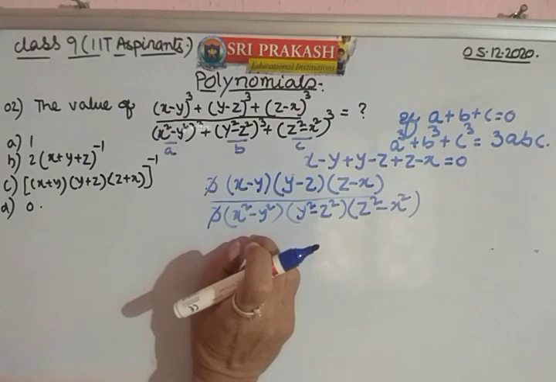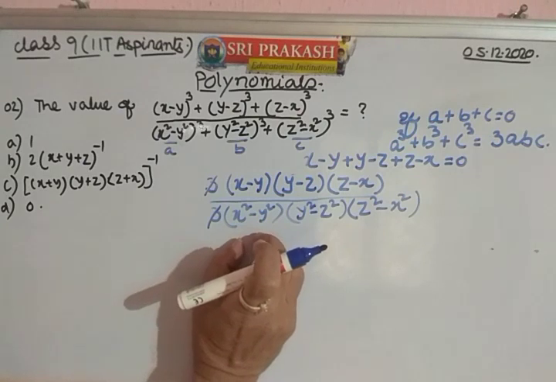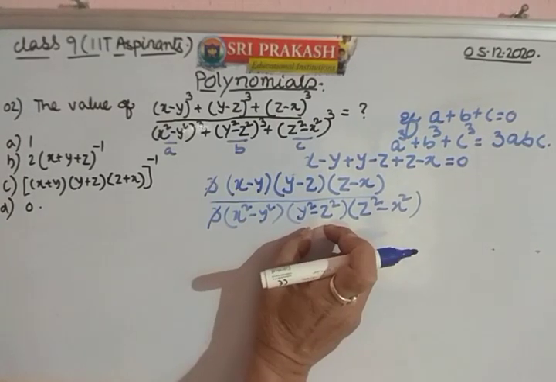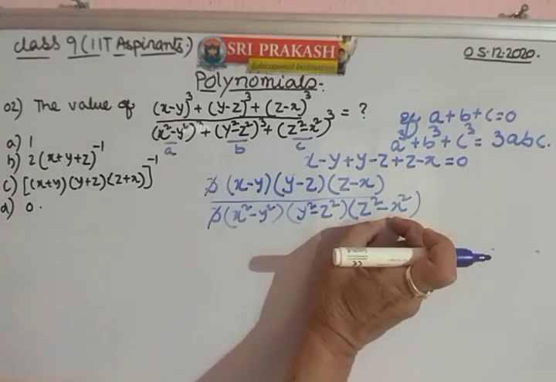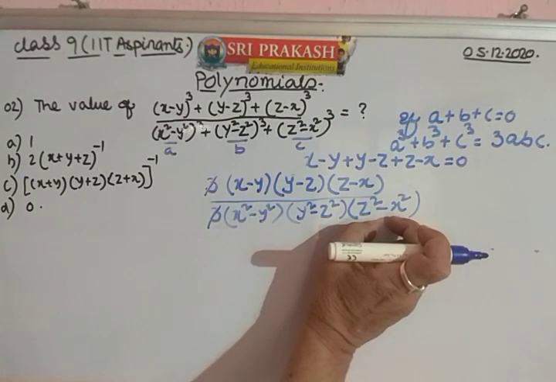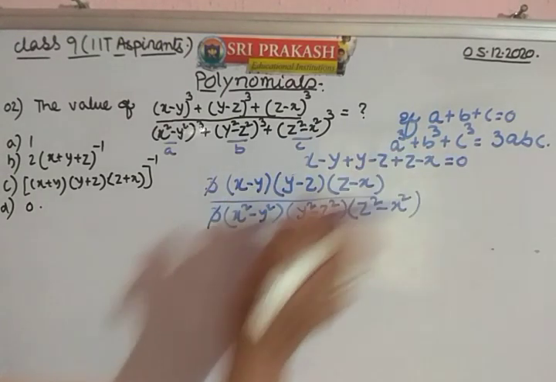You can write x plus y into x minus y. In place of y square minus z square, you can write y plus z into y minus z. In place of z square minus x square, you can write z plus x into z minus x. Let us write.